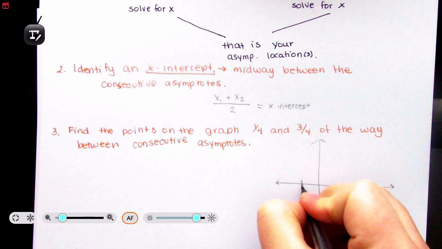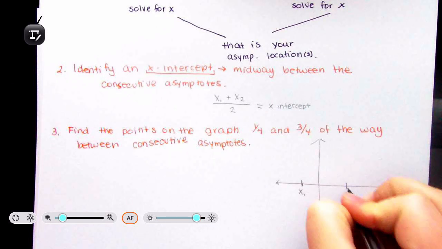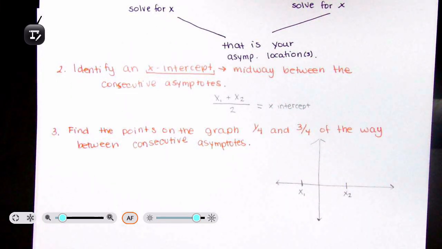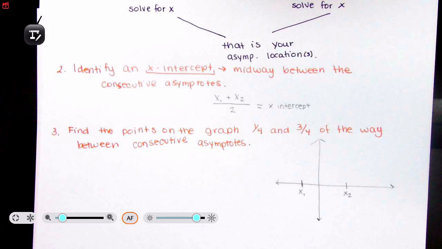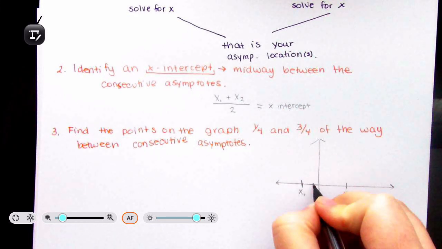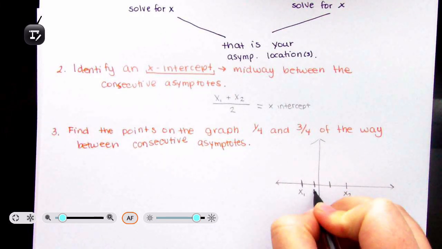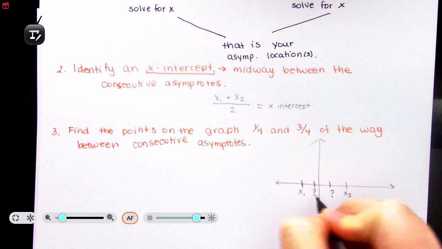So I'm going to call this x1, call this x2. What we're trying to find is the value 1/4 of the way and 3/4 of the way. So we're trying to find this value and this value. What is that?